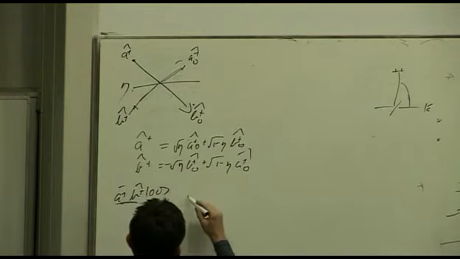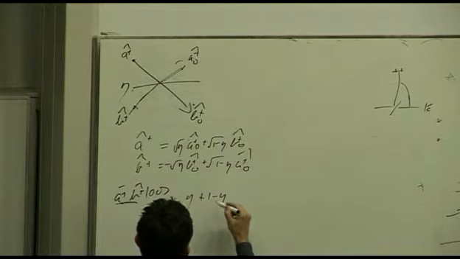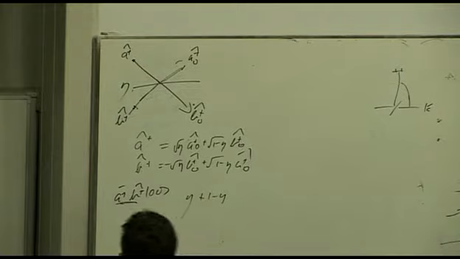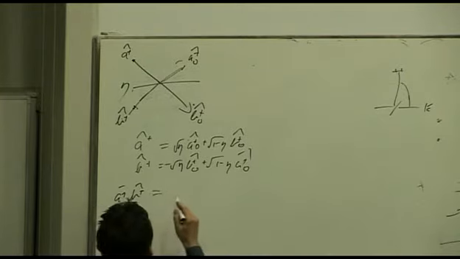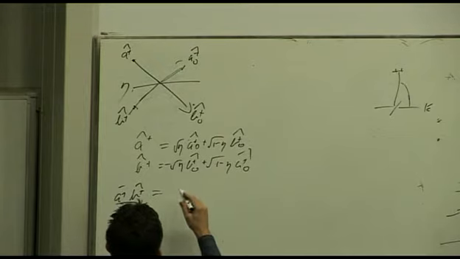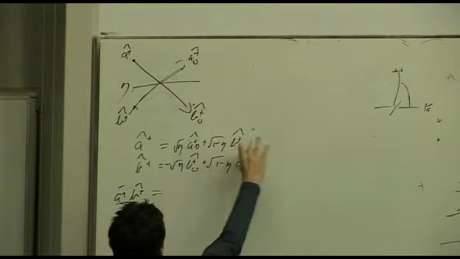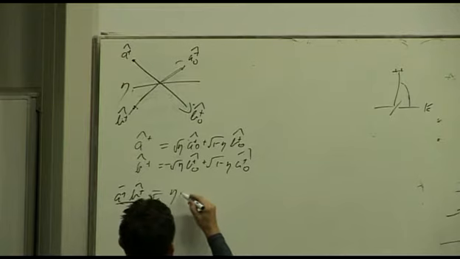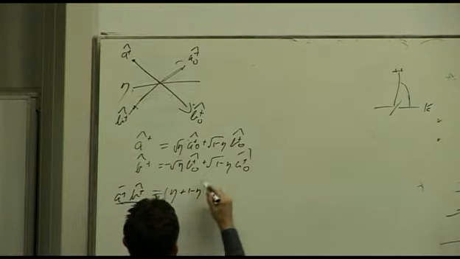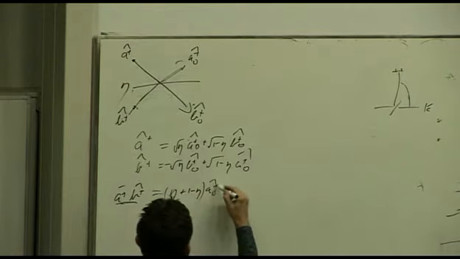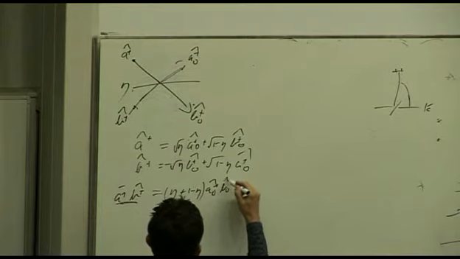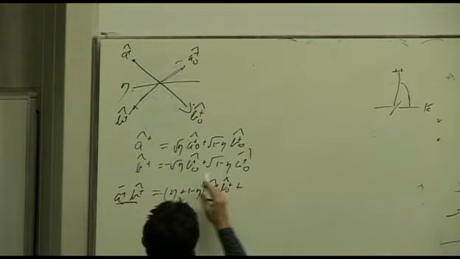So I get an eta plus 1 minus eta. I said I was going to be able to do it, but I'm not seeing it. So I'm going to group these two things together. So I get an eta plus a 1 minus eta. And then I've got these.